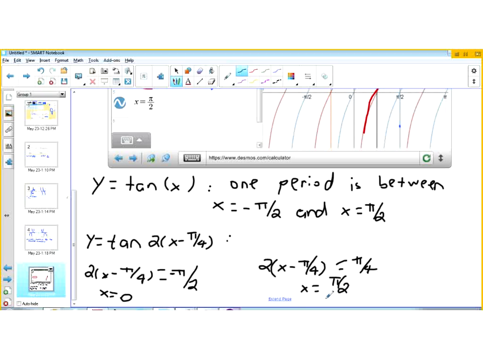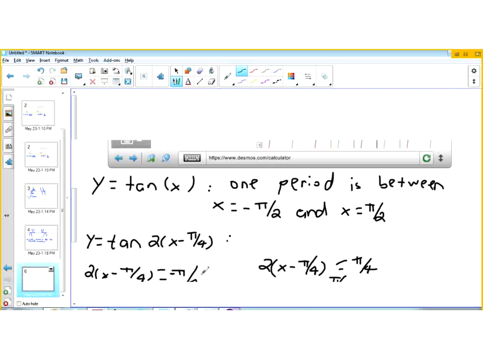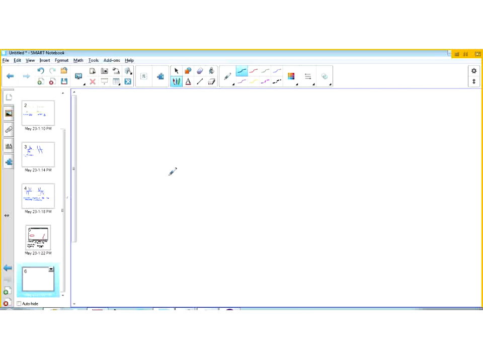Now, let's consider, next page, the function y equals 2 times the cotangent of 3x minus pi halves. We want to calculate the endpoints of one period.